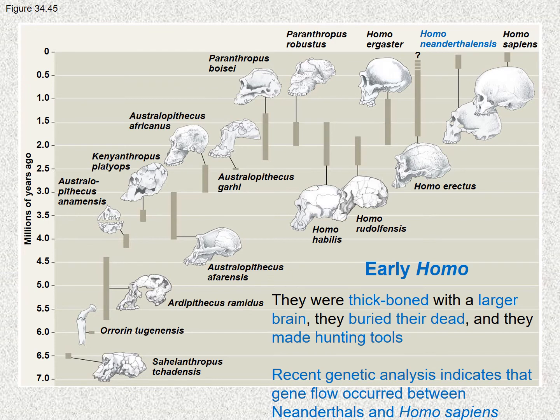Early Homos, right, Homo neanderthalensis, the Neanderthals: these were thick-boned, and they had a larger brain. They actually buried their dead, and they made tools for hunting. As I mentioned already, there's evidence that gene flow occurred between the Neanderthals and the modern humans.